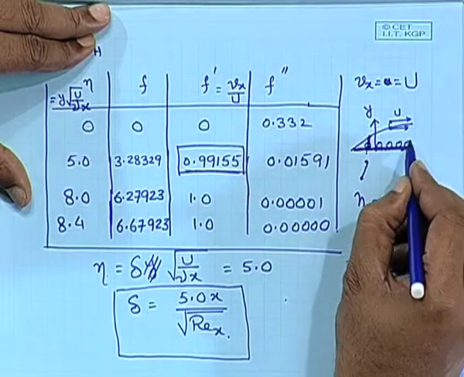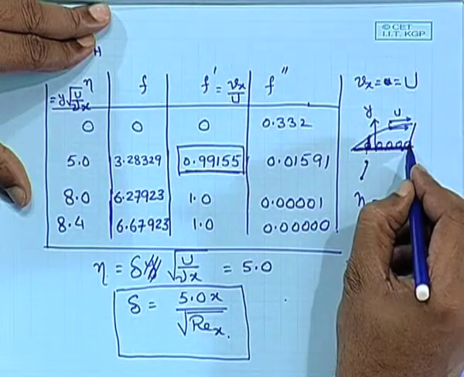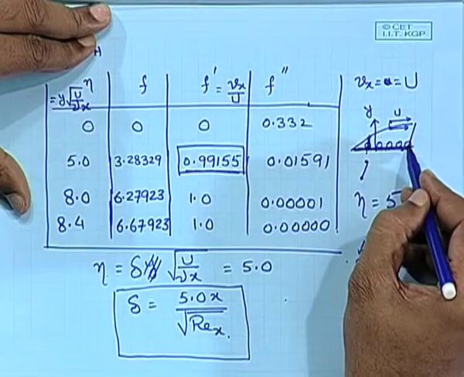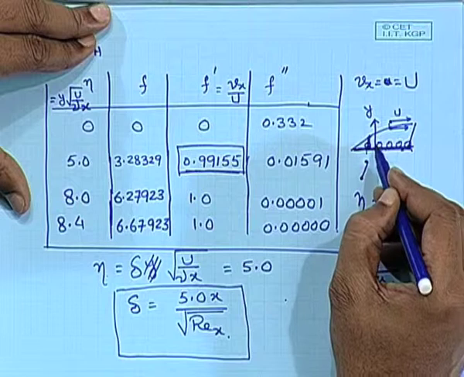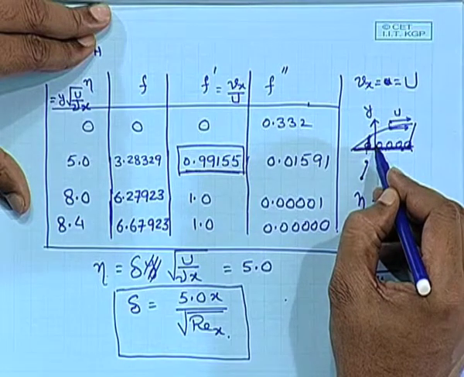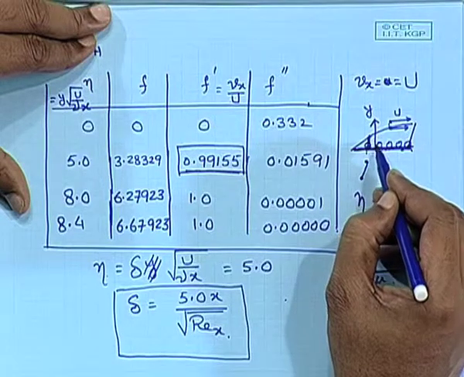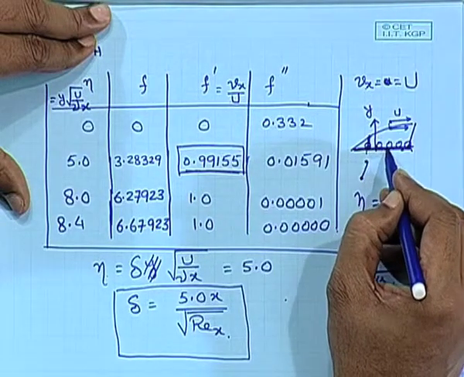Whereas, if you are here, the velocity changes by the same amount over a larger distance. So, obviously, the velocity gradient at this point would be less than the velocity gradient at this point. So, the shear stress is not going to be a constant, rather it would depend on where you are.